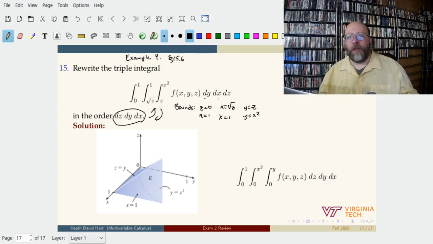So if we draw these, let's draw the complicated stuff first. X equals square root of z is the same thing as x squared equals z.